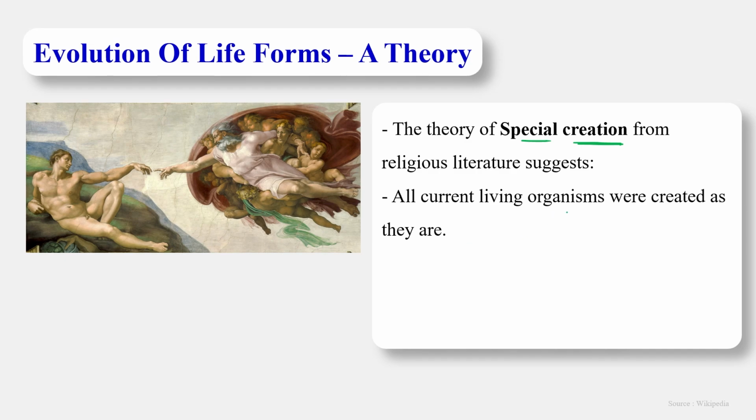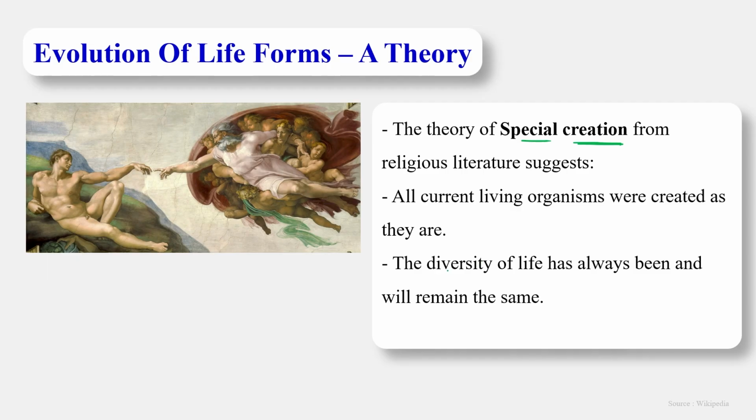So all current living organisms were created as they are by God, and according to them the diversity of life has always been, and will remain, the same as it is today.